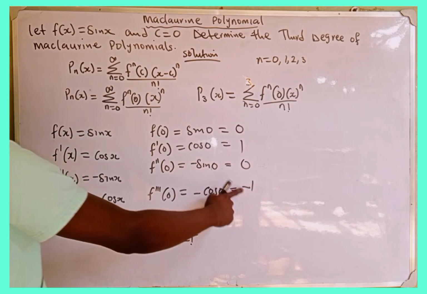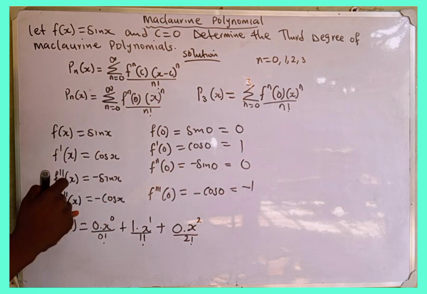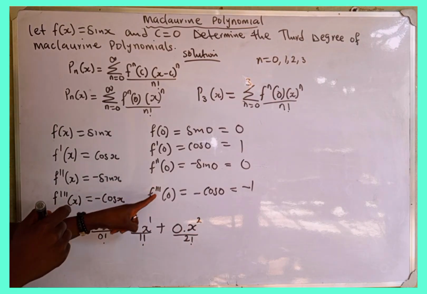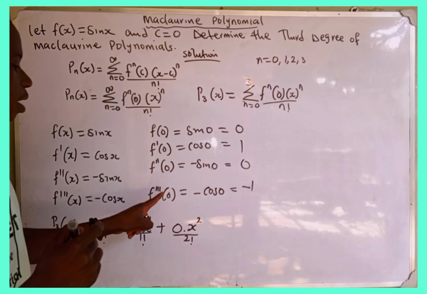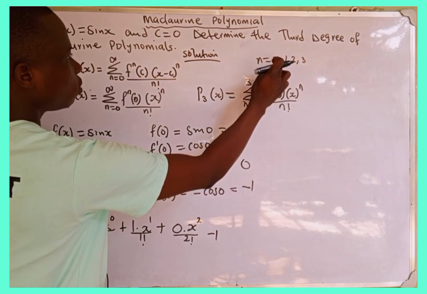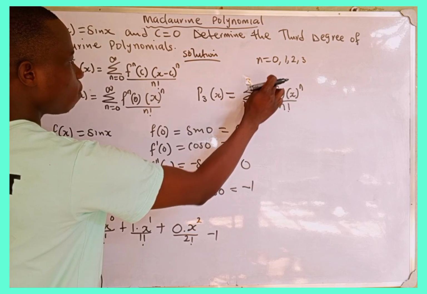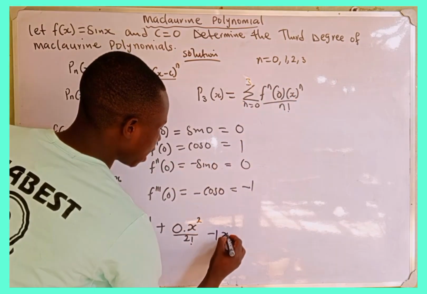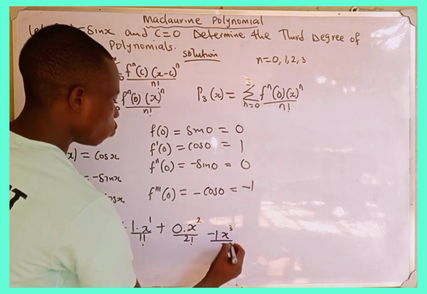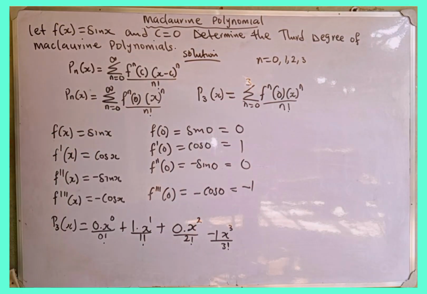Then the last one: at n equal to 3, the third derivative, f triple prime of 0 is minus 1. So I'm going to replace it with minus 1, then multiply by x raised to the power of 3 all over 3 factorial. So the next thing is to simplify and get the Maclaurin polynomial.